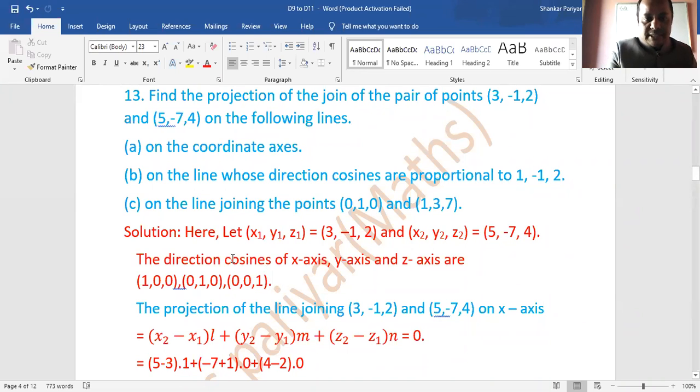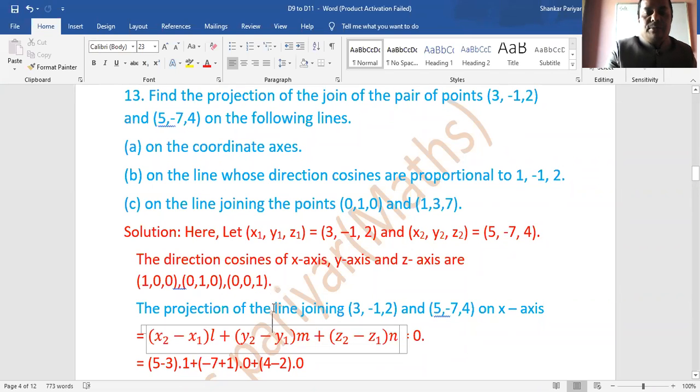And then the second thing is this. First of all, suppose the coordinates of one point are x1, y1, z1. Let x1, y1, z1 be 3, -1, 2. The second point is x2, y2, z2, which you can suppose is 5, -7, 4. This is the assumption.